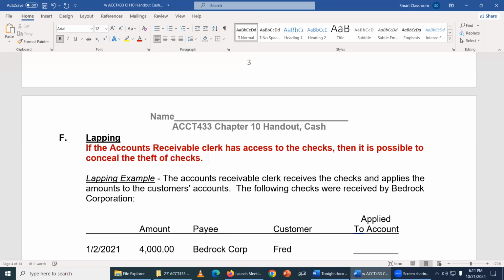And you'll notice that we talked about this before. This is if they have incompatible duties, or I think you call them segregation of duties. I'll call them incompatible.